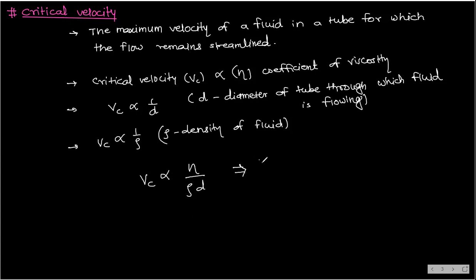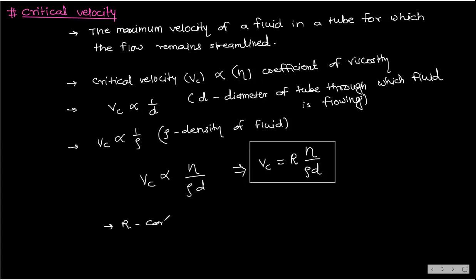If we add a proportionality constant R, then Pc equals R into eta by rho into d, where this R is called the constant of proportionality, and this is also called the Reynolds number.